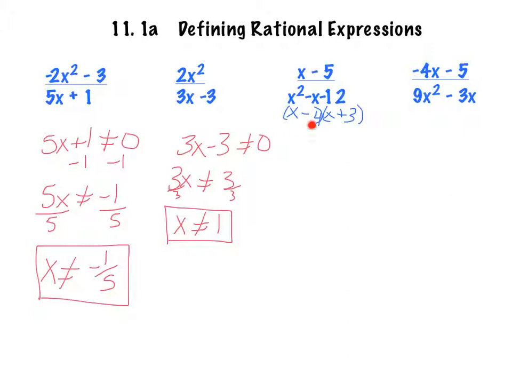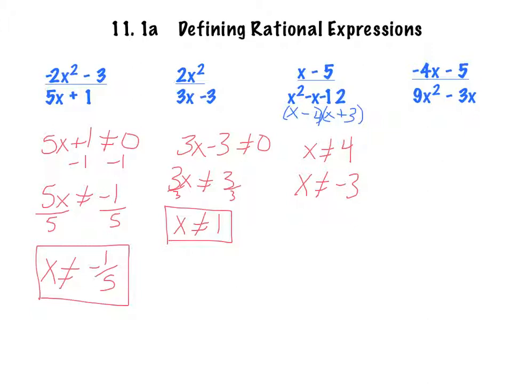What value of x is going to make this be 0? And you should be thinking, oh, that'd be a 4, so x can't be 4. And then you'd look at this one and say, well, what value of x is going to make that thing be 0? And you'd say, well, x can't be negative 3. Okay, it's easier to see it when it's in this factored form.